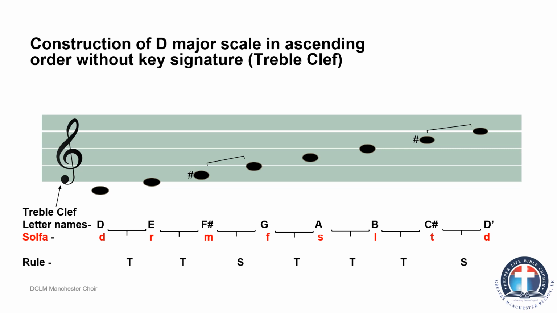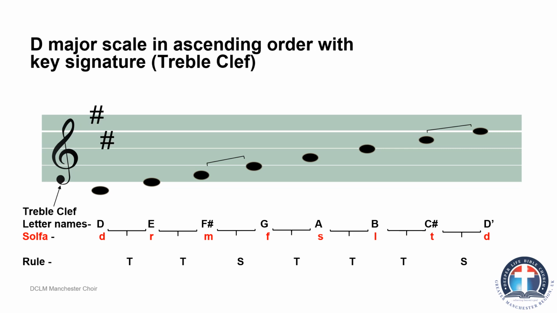So let's look at another example to see another way to present this major scale. We're moving on to construct D major scale, still in ascending order, but now with key signature. The previous example was without key signature, and with key signature means the sharps are placed beside the treble clef.